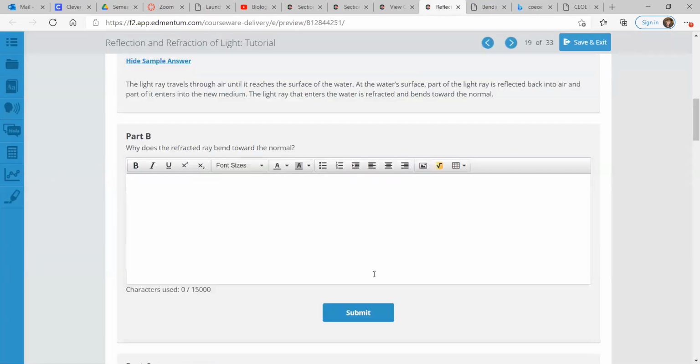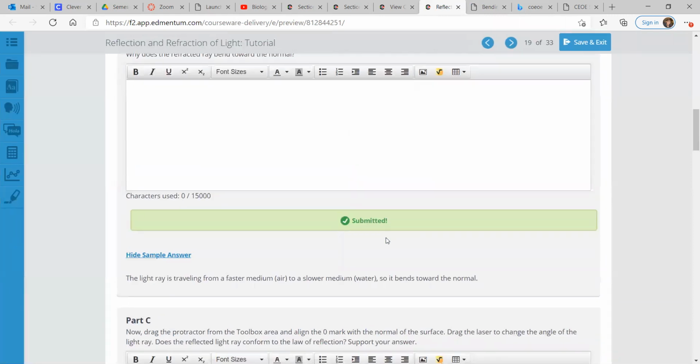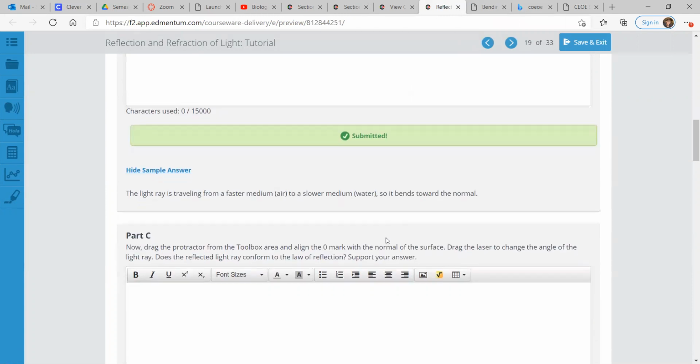Why does the refracted ray bend toward the normal? The light ray is traveling from a faster medium, air, to a slower medium, water. So it bends toward the normal.